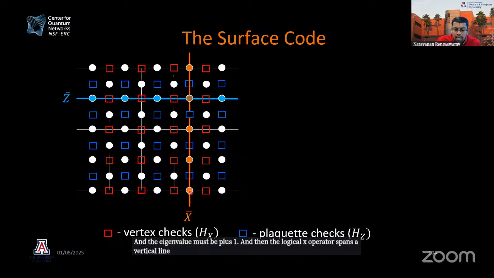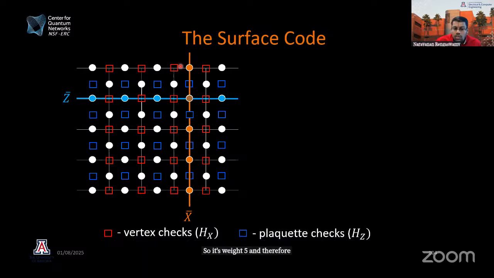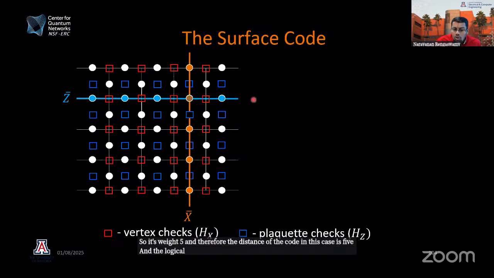So it applies X, X, X, X, X. So it's weight 5, and therefore the distance of the code in this case is 5. And the logical Z spans a row, and it's also weight 5. And it meets the logical X exactly on 1 qubit, and therefore they anti-commute as required.